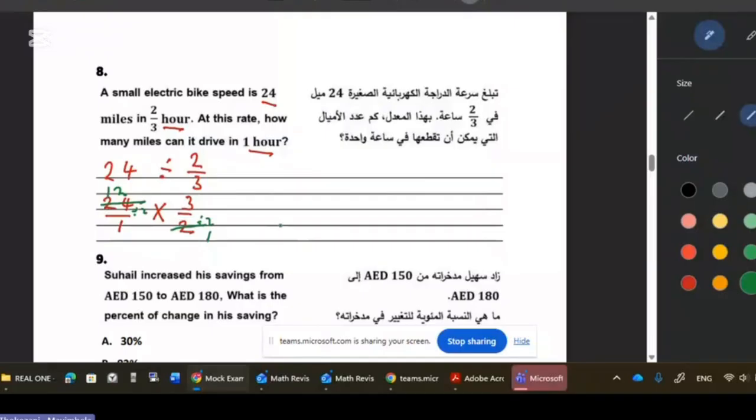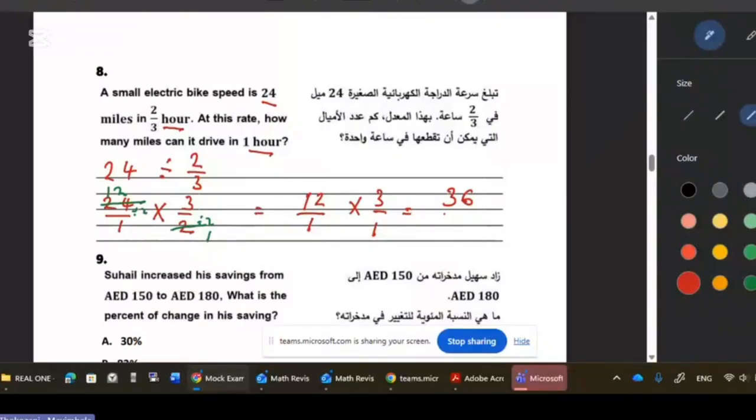Okay, now I'm having something like this. Now I'm having 12 over 1 times 3 over 1, right? It's no longer now over 2. So I can just multiply. 12 times 3 will give us 36. This is just single digits multiplication. 3 times 2 is 6. 3 times 1 is 3.